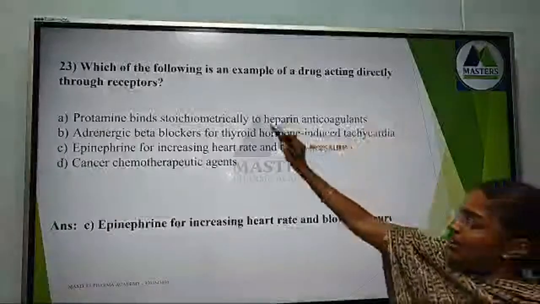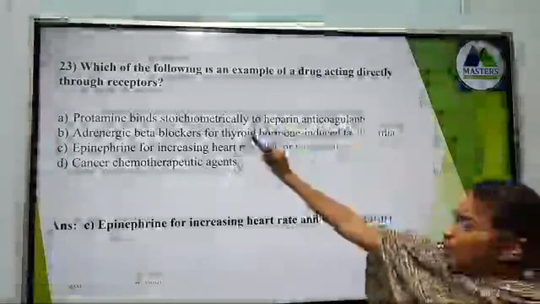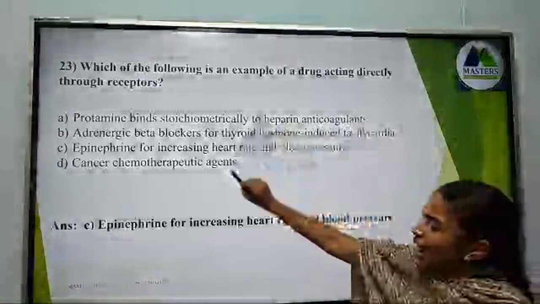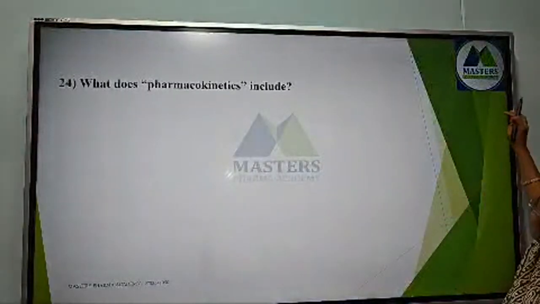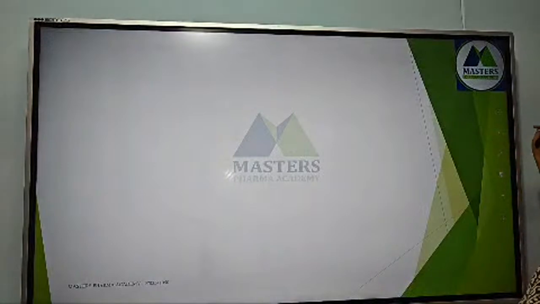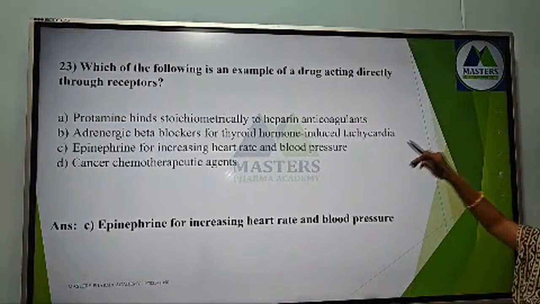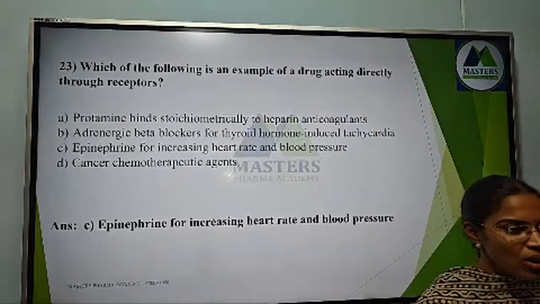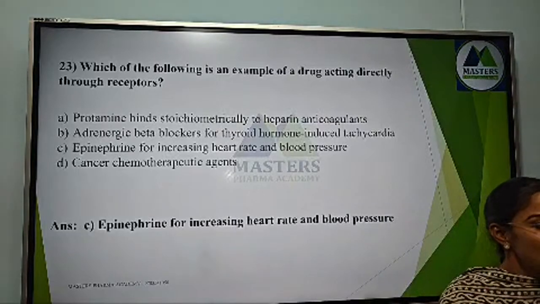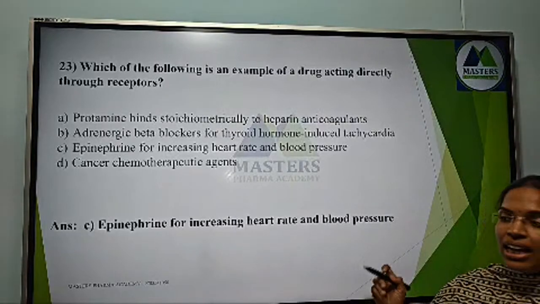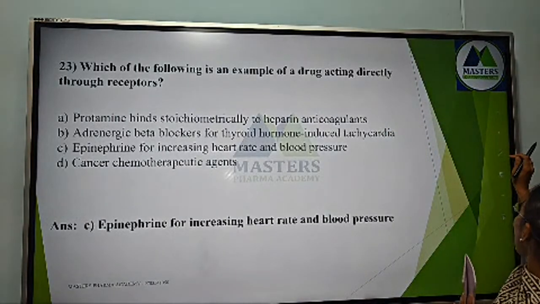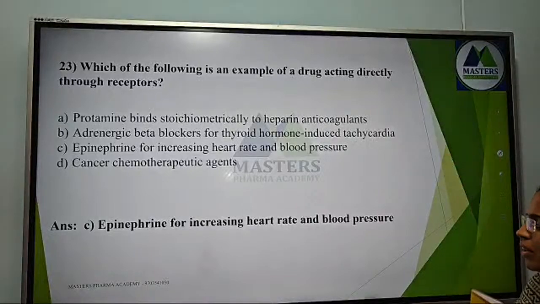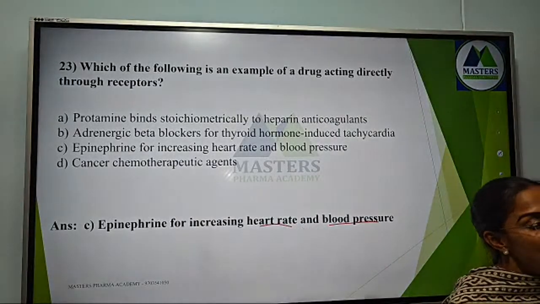So just now we have discussed all the remaining options: stoichiometric binding, cancer chemotherapy and induced tachycardia. These are all slightly chronic and delayed effects. But this one, the effect on the heart rate and blood pressure, should be an immediate effect.